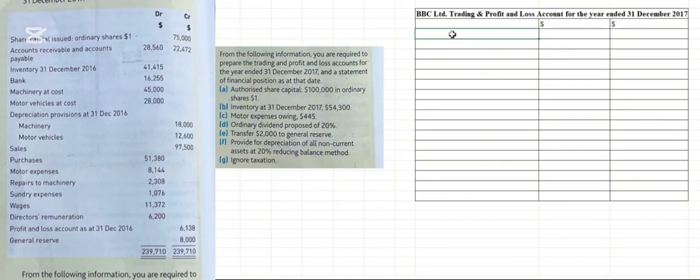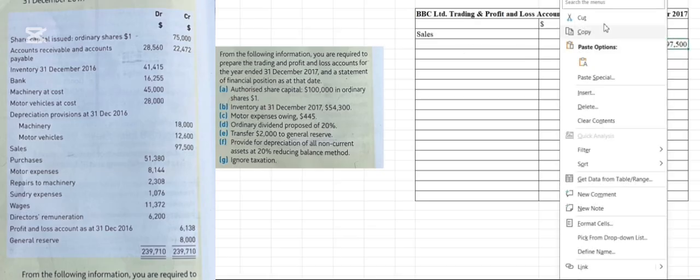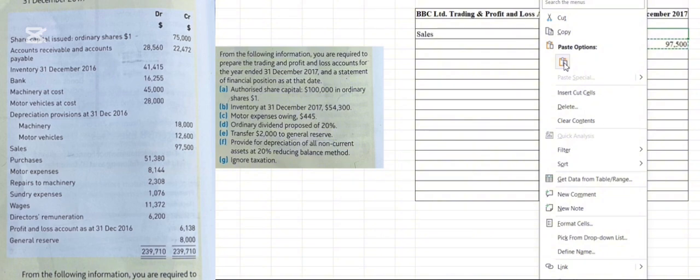The trading profit and loss account will start with our sales. Going to the trial balance to pick up the sales figure, which is 97,500. We don't have any returns, therefore this figure will be our net sales.